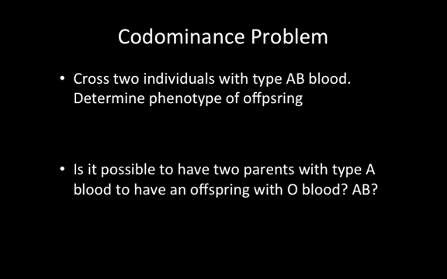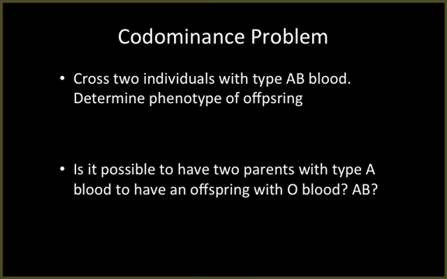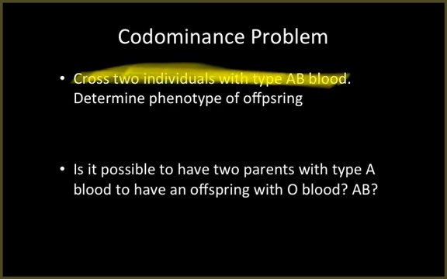So here we have 2 individuals with type AB blood, and we're going to cross them. All right, that's the first problem we're going to look at. We are going to cross them, and all the rules here still apply.